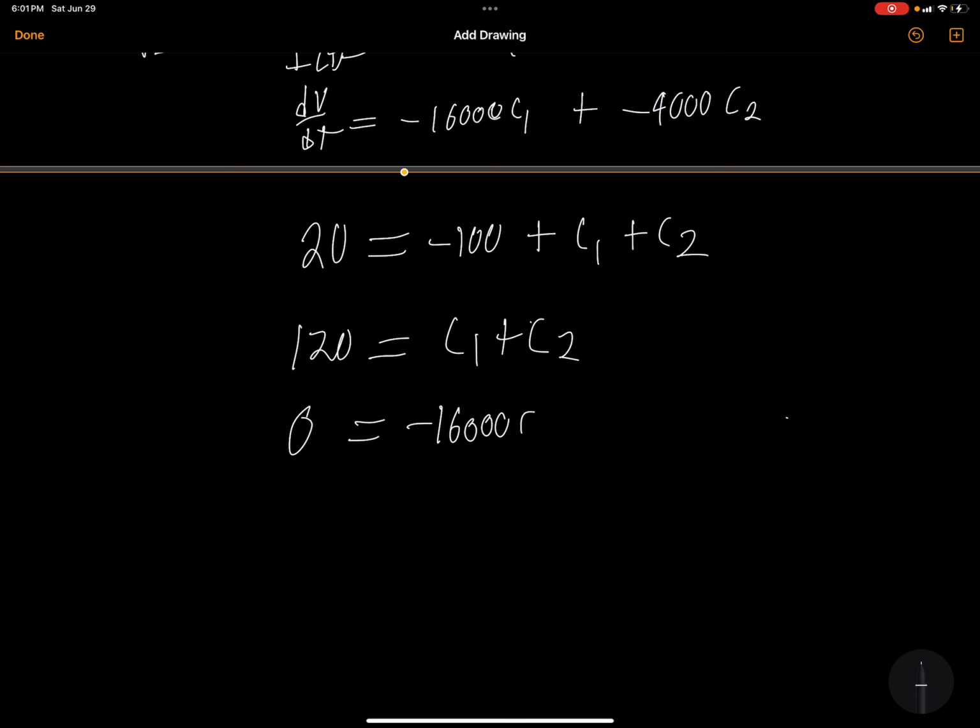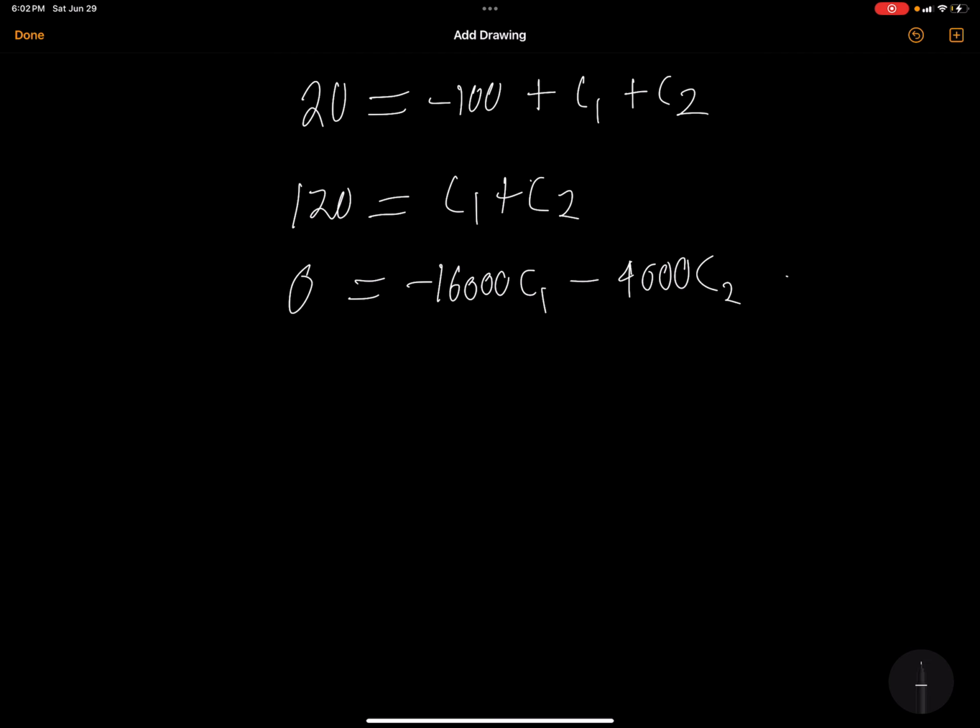I know I'm going through this, but I've been getting it wrong too many times, so I am low-key sad about it. So 120 times, let's get a common denominator to simplify this. We're going to multiply the top by 16,000 to get rid of the C1. So 120 times 16,000.